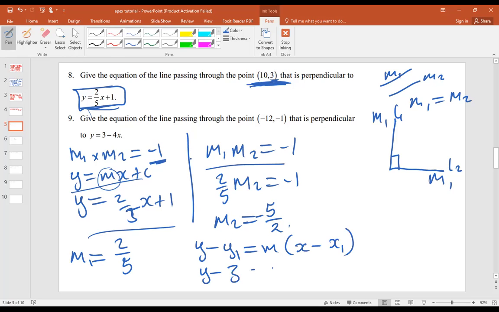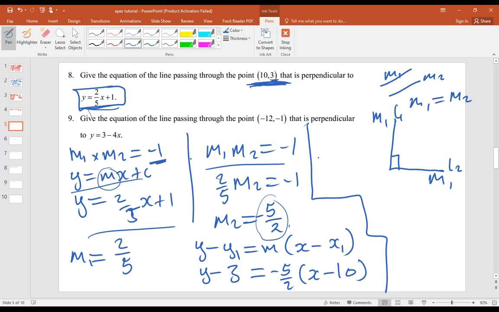Then this is equal to m, the gradient, which is -5/2, and then open brackets x minus the value of x1, which is 10. It's just a matter of simplifying this equation and finding the final equation.